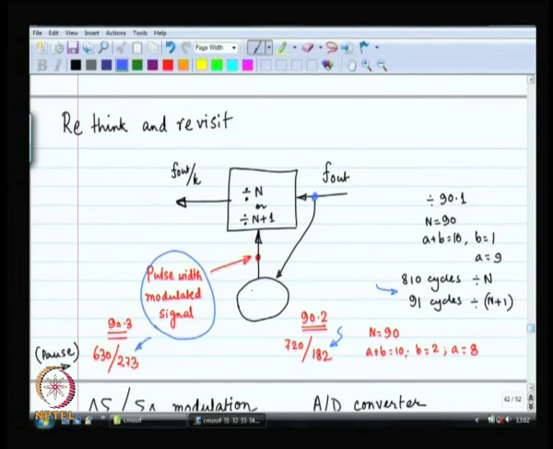Next 91 you are going to divide by n plus 1, so it is going to be 1, which means that every 901 cycles it is going to repeat. We had 901 megahertz at the output. So, 901 cycles means it is going to repeat at a frequency of 1 megahertz. So, this control signal, this pulse width modulated signal itself is periodic with a frequency of the channel raster.